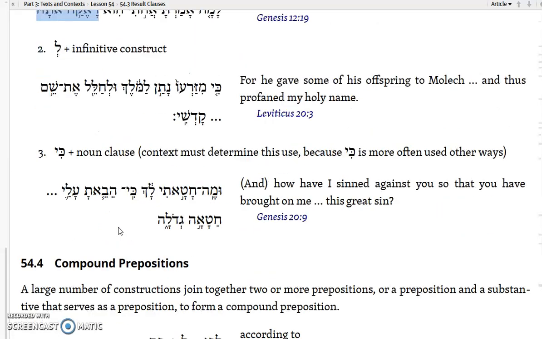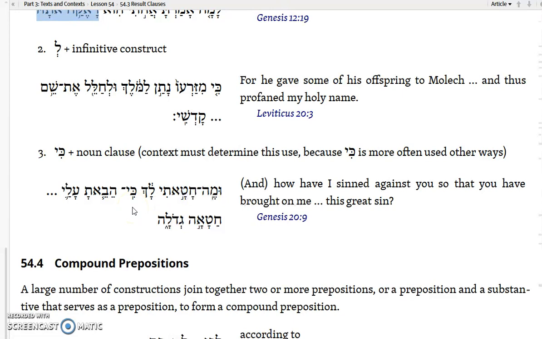Ki can also introduce result clauses. Again, ki has lots of different contextual meanings. But example is, mah chatati lach, how have I sinned against you?